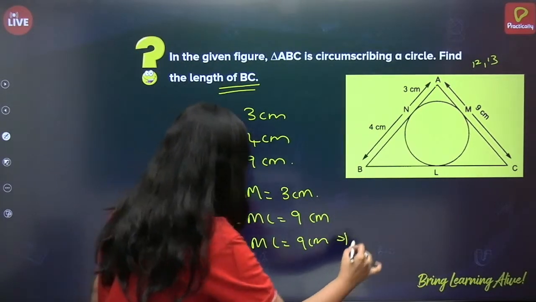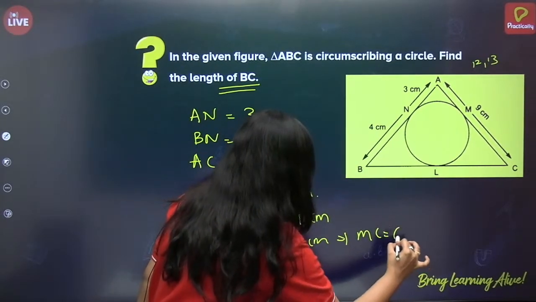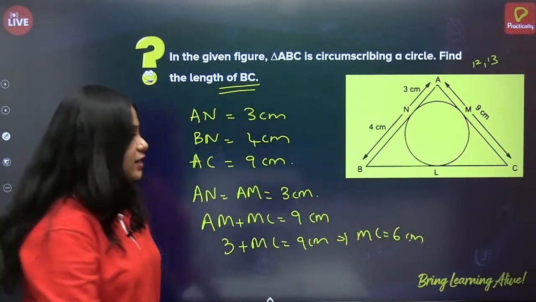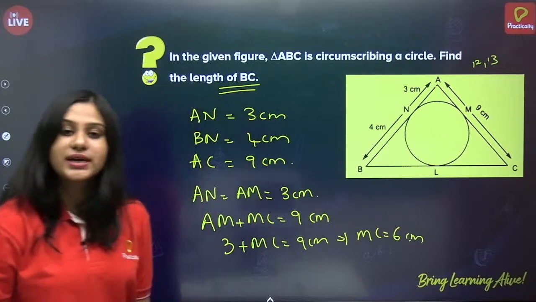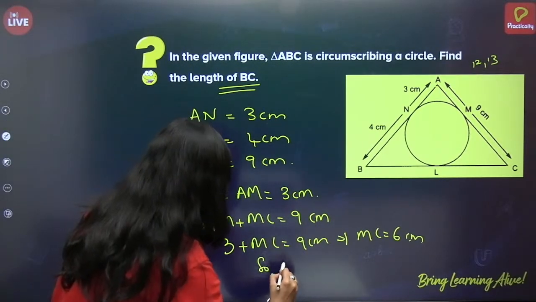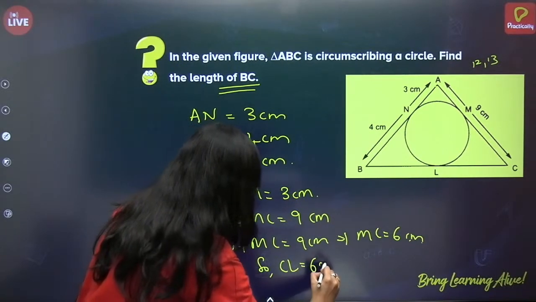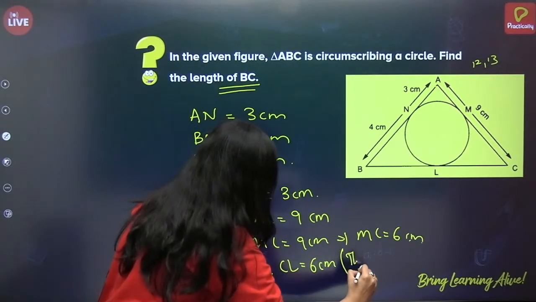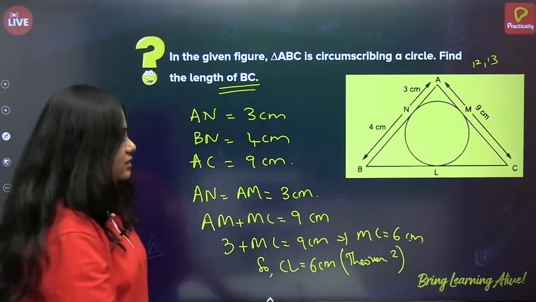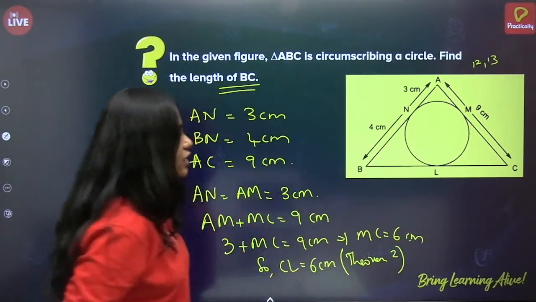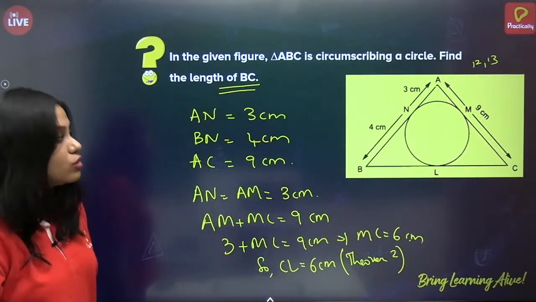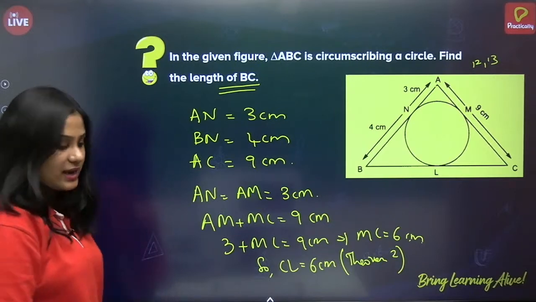This implies MC is equals to 6 centimeters. So, if MC is equal to 6 centimeters, CL is also 6 centimeters by theorem 2, correct?